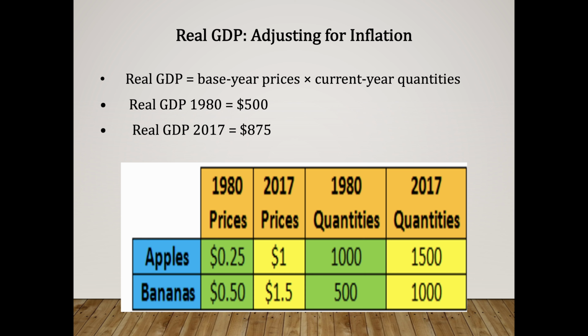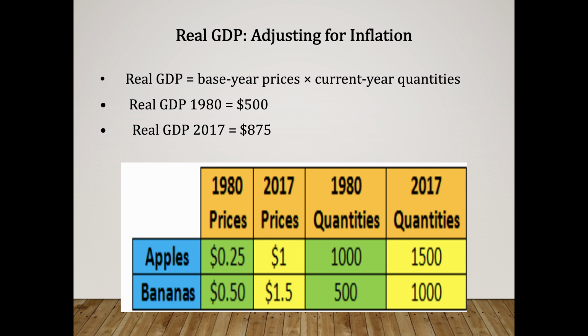To calculate real GDP in 2017, we use 1980 prices, but 2017 quantities. So, we calculate real GDP of apples as 1,500 times 0.25, which is $375, and bananas as 1,000 times $0.5, which is $500. When we add them, we get 375 plus 500, which is $875.